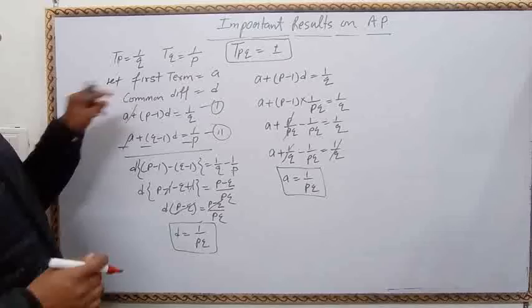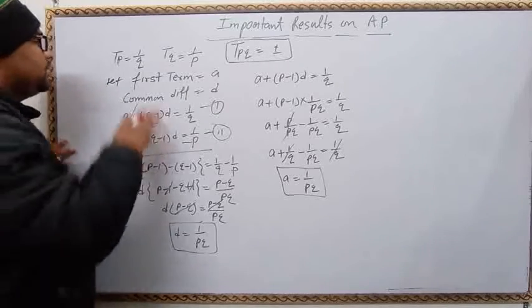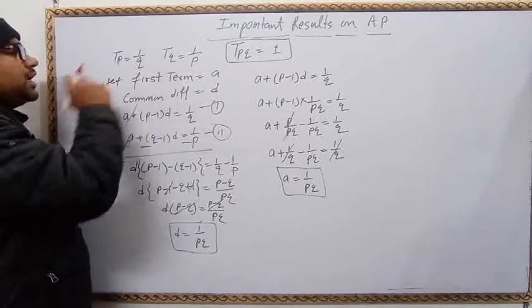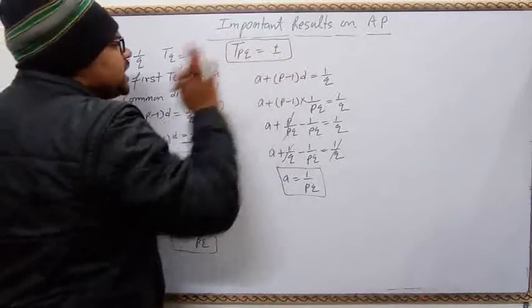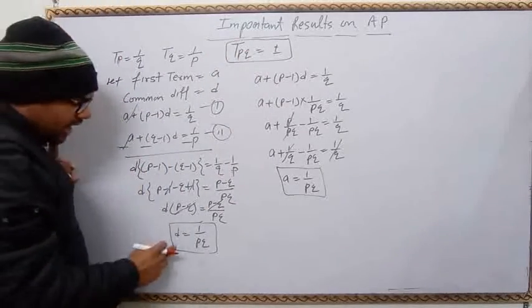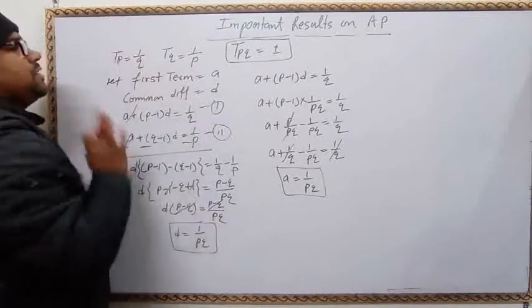Here, please, there is one very important concept. If the P-th term is 1 by Q and the Q-th term is 1 by P, then A and D will also be 1 by PQ.